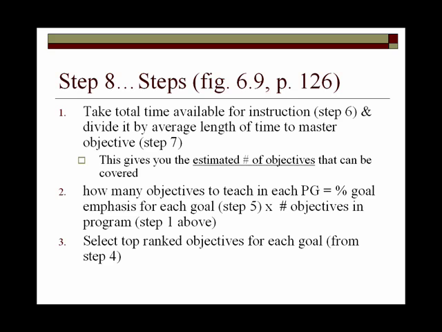The second step of step 8, there's a lot of steps, is how many objectives to teach in each program goal. To do this, we take the percentage goal emphasis for each goal, which is step 5, in our case it's going to be 3, times the number of objectives in the program, which is the step above. Then in step 3, we want to select our top ranked objectives for each goal.